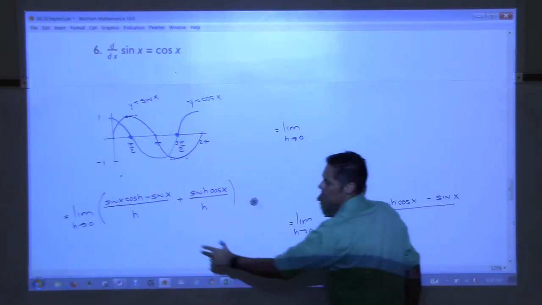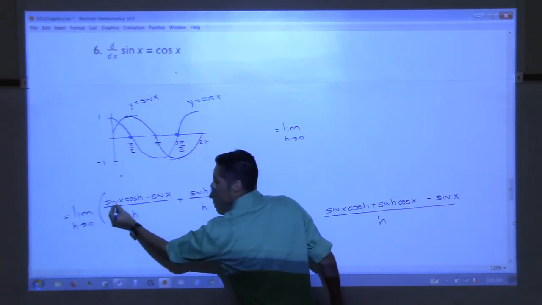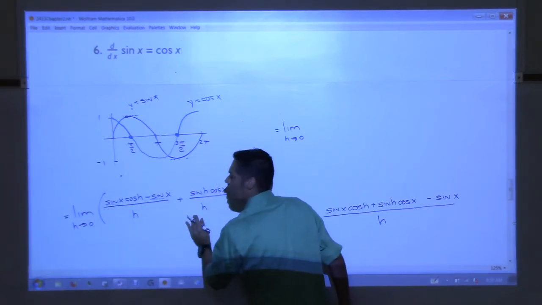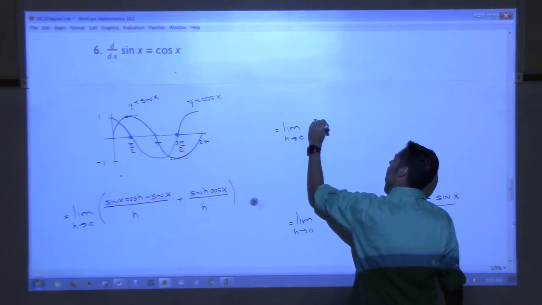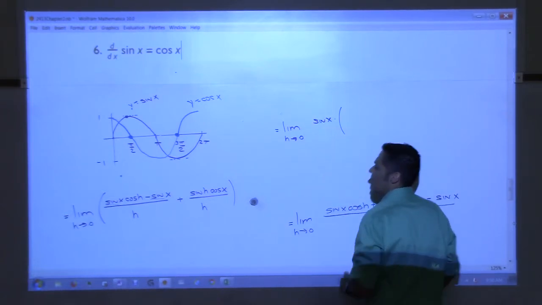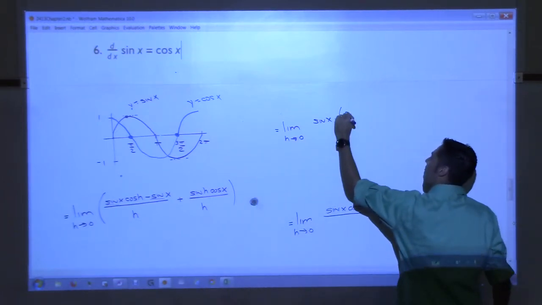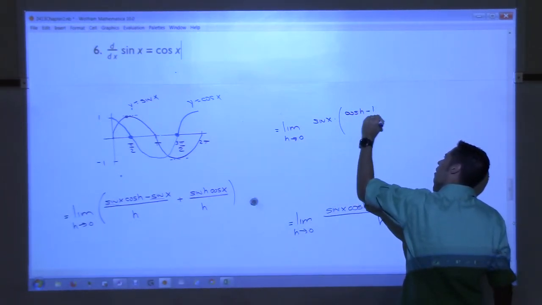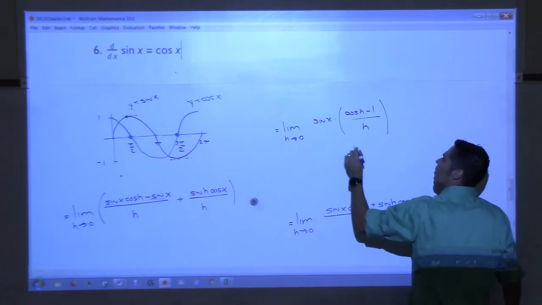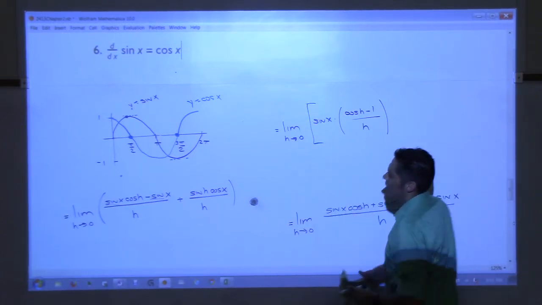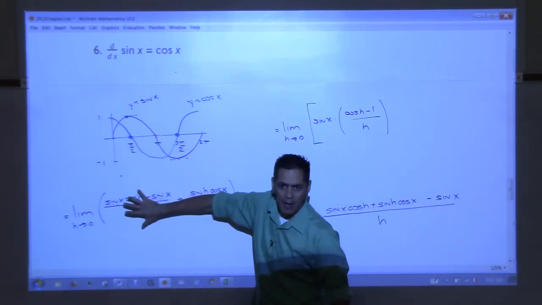So I'm going to take this here, and I noticed that they both have sine x, don't they? So I'm going to factor sine x out. And when I factor that sine x out completely, I'm left with cosine h minus 1 over h. Okay, that's this first one with the sine x pulled out.